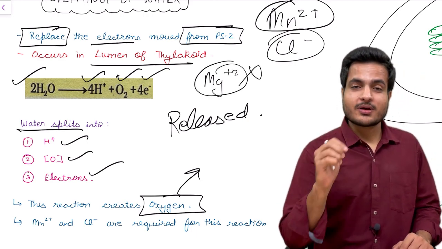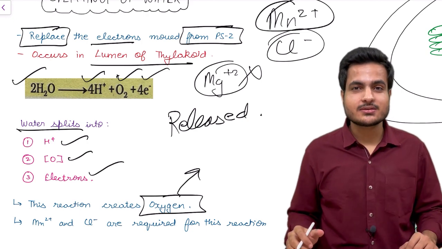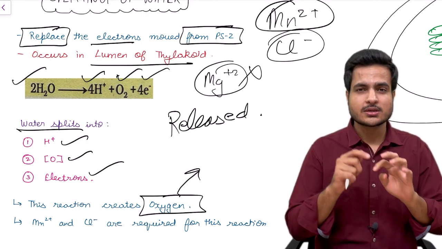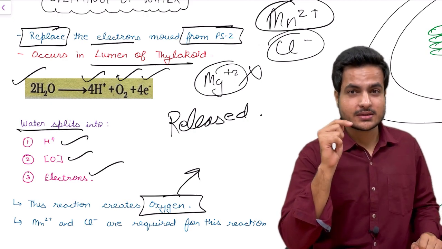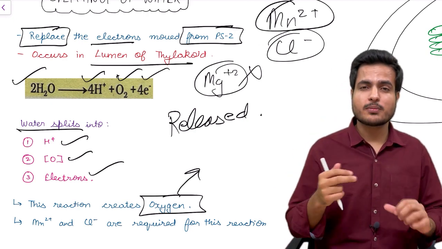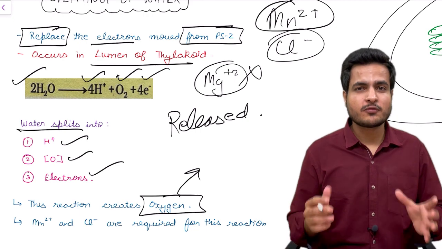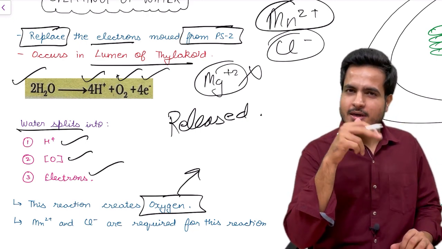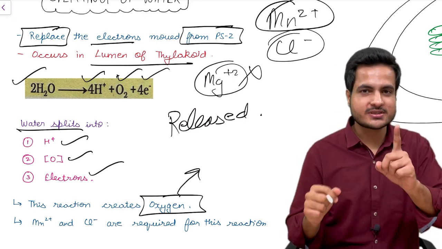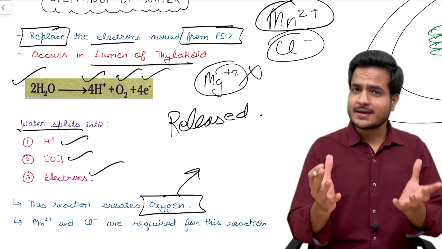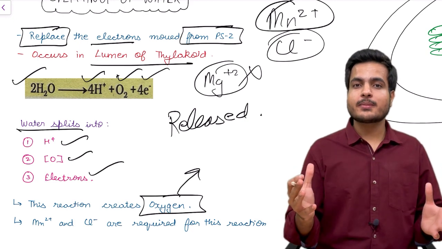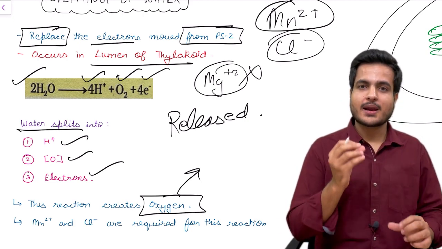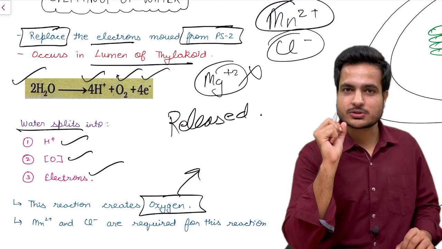With this, we have completed the discussion of light reaction. Light reaction has 4 important steps. First was the light harvesting complex, which is the complex actually absorbing light. It is made up of 2 things: one is the reaction center, the other is the antenna. The reaction center is made up of one single molecule of chlorophyll A. The antenna is made up of hundreds of pigments except chlorophyll A. This will absorb light and send it to the electron transport system.